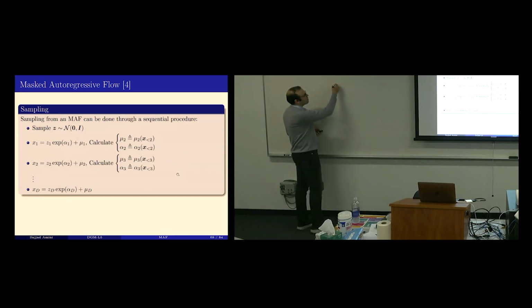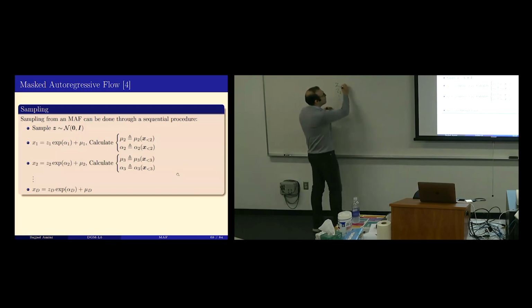So in the generation part, you have access to z. You generate one z, so you have all the elements of z, and it is equal dimension as your x. The first element of x can be easily generated. How? You multiply it by the exponent of alpha 1. We know that alpha 1 is a function of x less than 1.